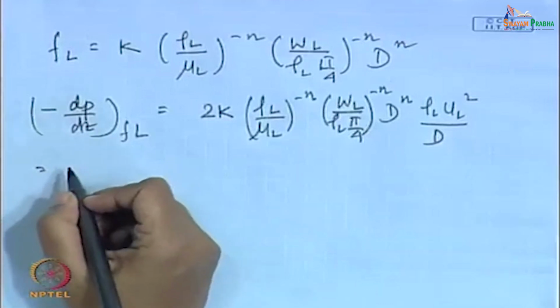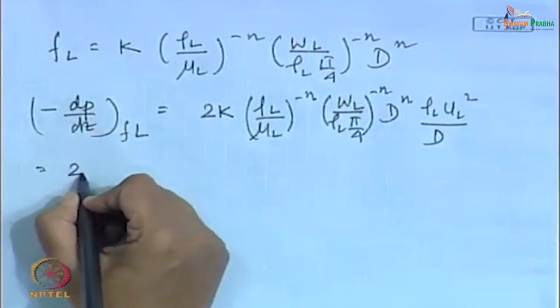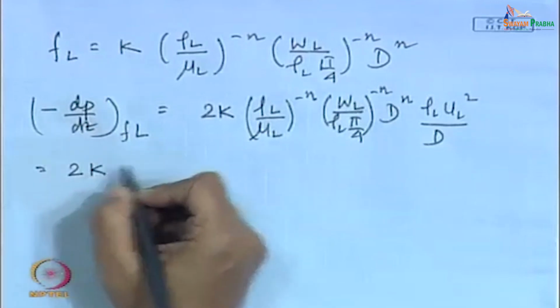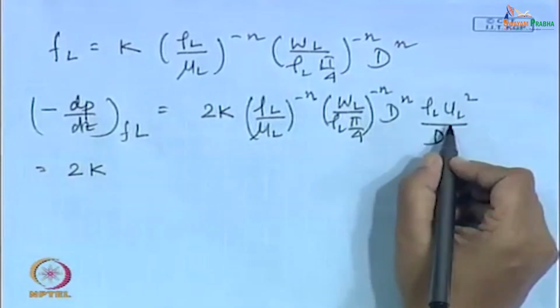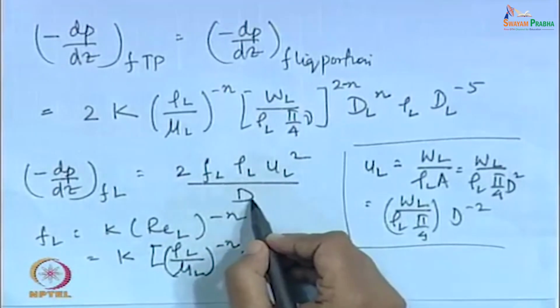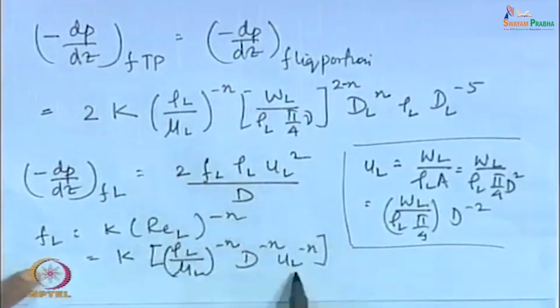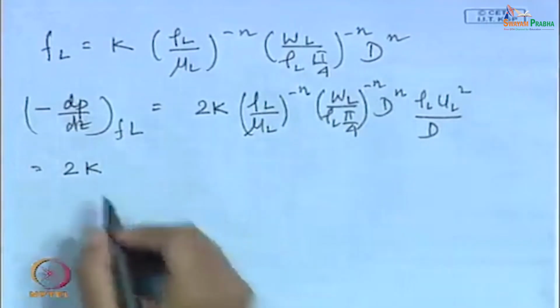Or in other words, if we substitute a little, this is going to be 2 K, and this UL square we can also substitute, rho L UL square divided by D. This rho L UL square by D is coming from here, and instead of this FL we have written it in this particular form. Then this mu L has come here from that Reynolds number.